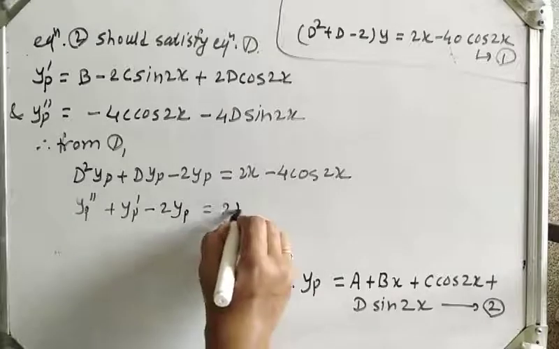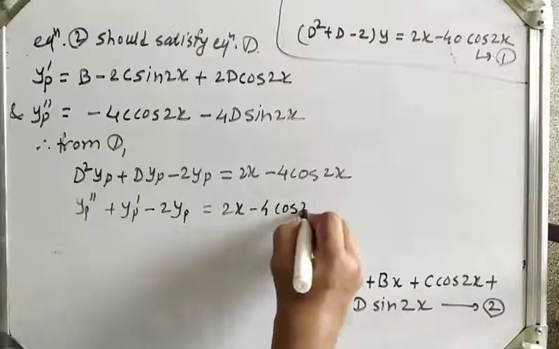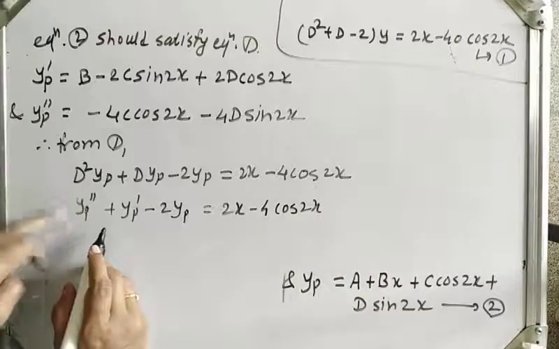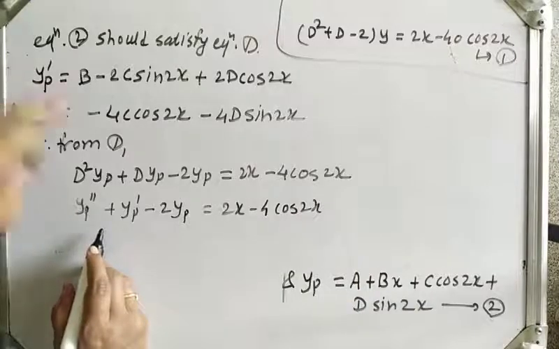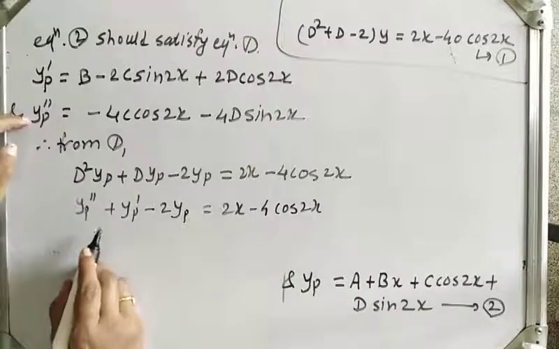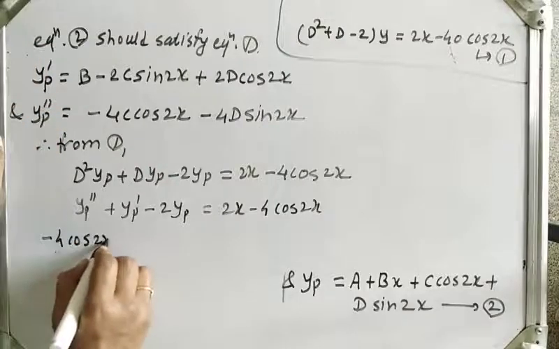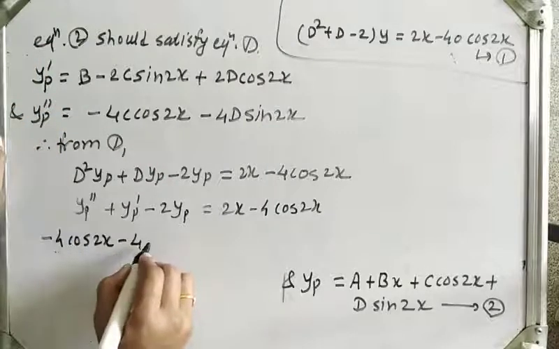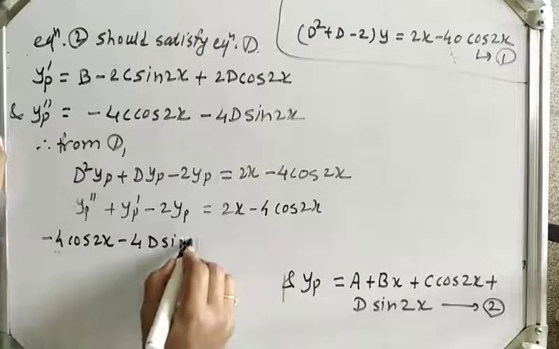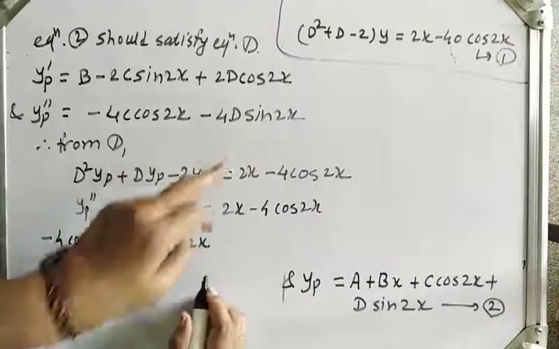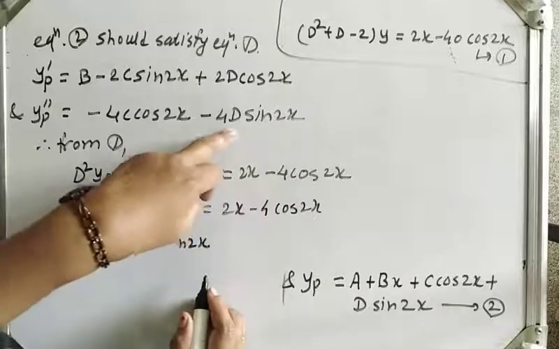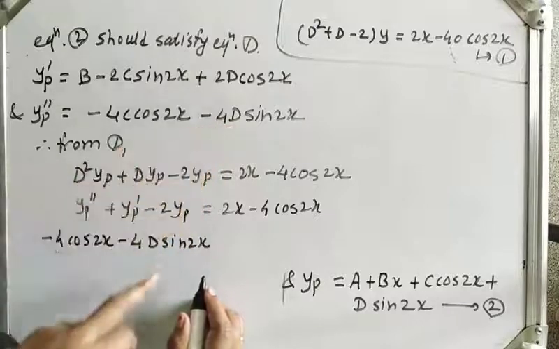Putting in the values: yp double dash is minus 4c cos 2x minus 4d sin 2x, d being a constant.